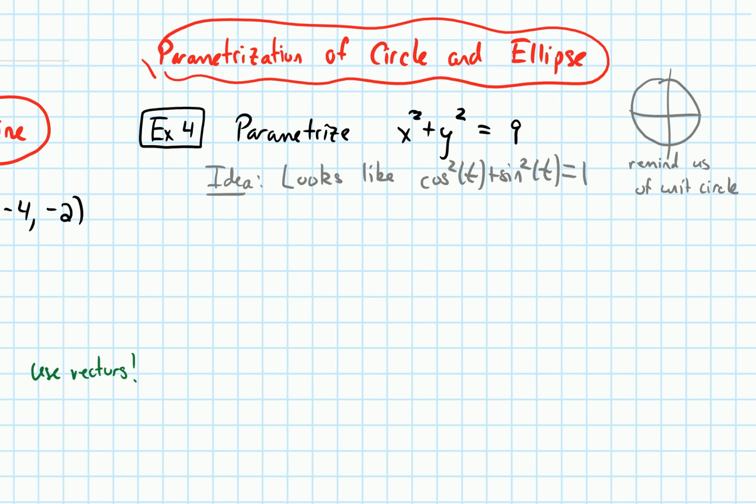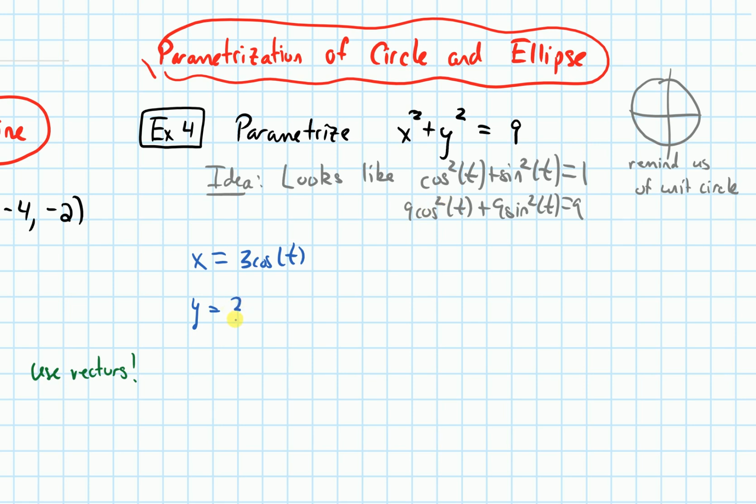Okay, so here's how we can modify that. If we took this equation and multiplied everything by 9 and got 9 cosine squared t plus 9 sine squared t equals 9, that gives me an idea for what we can let x and y be. So I'm going to let x be 3 cosine t. That way, when we square it, we're going to get 9 times cosine squared t.